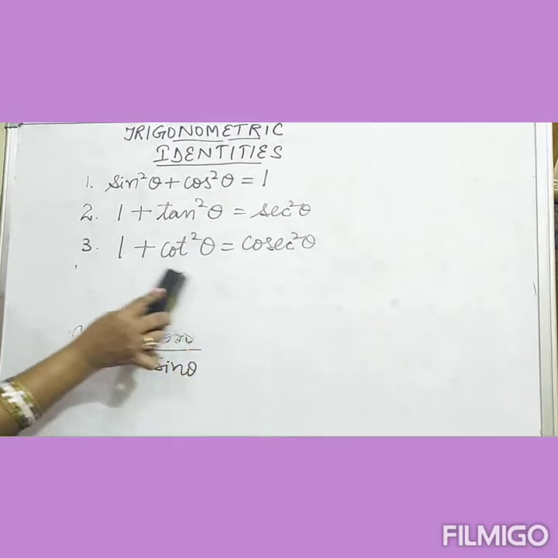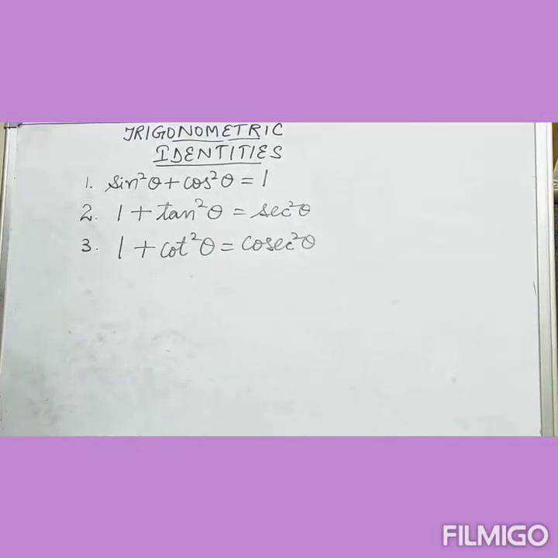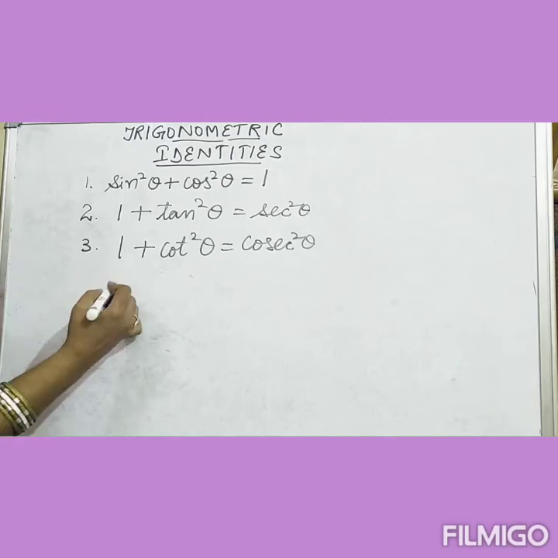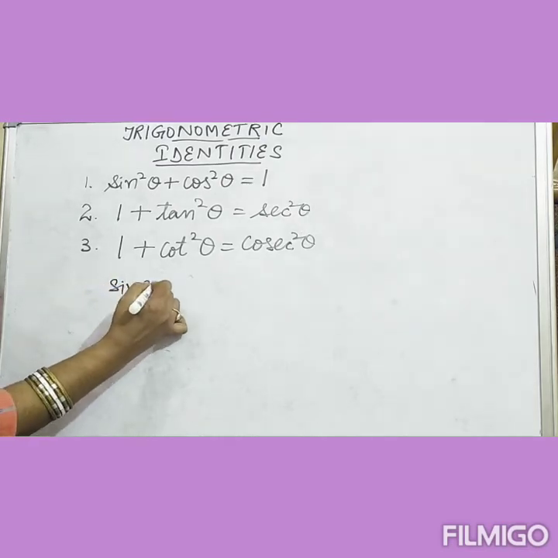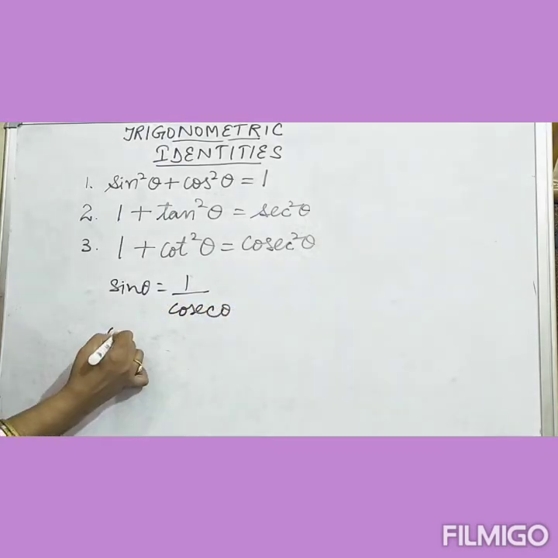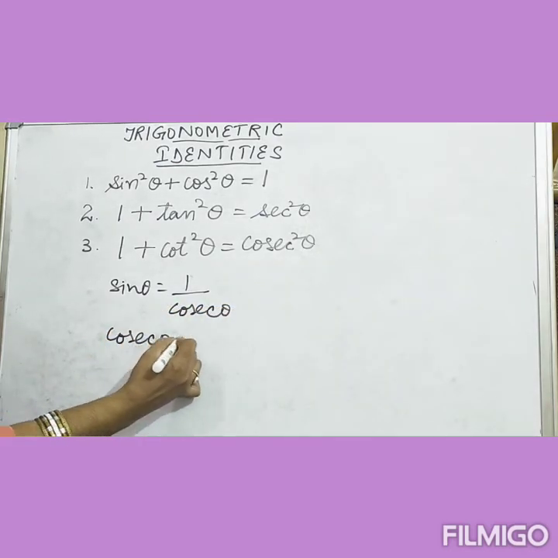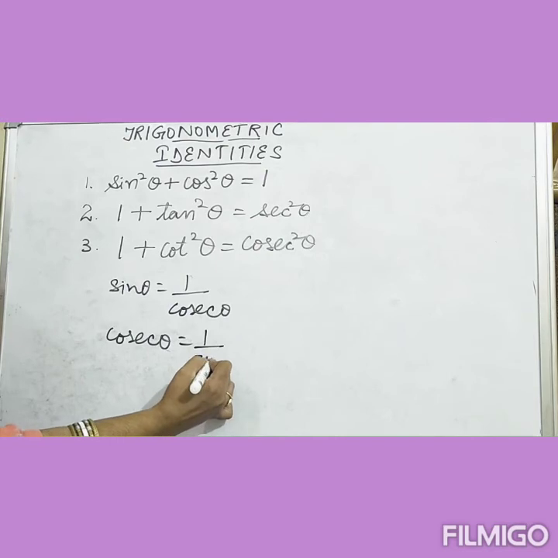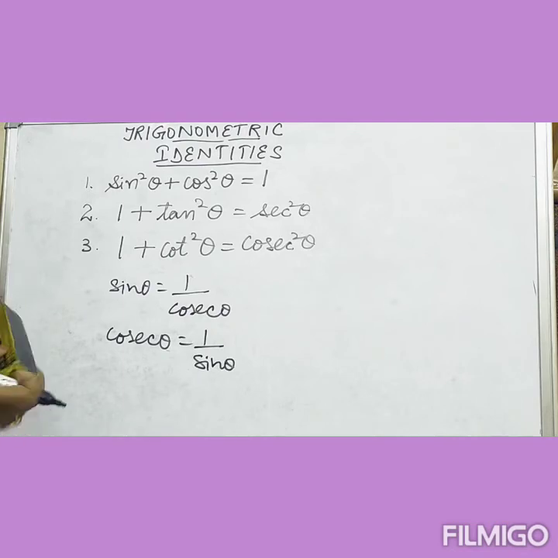And a few more things, like sine theta is 1 by cosec theta, or we can write it as cosec theta is 1 by sine theta. Similarly, we have the relation in cos and sec.